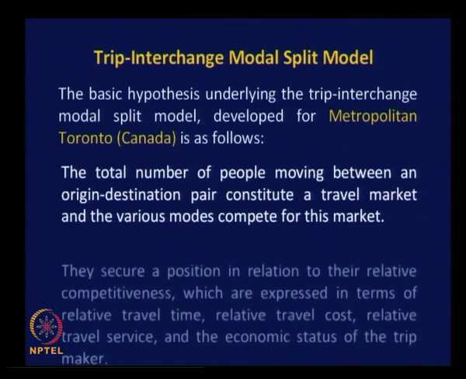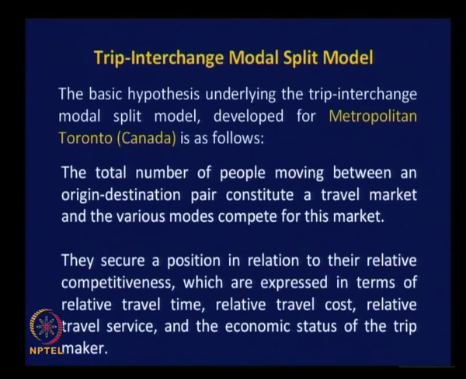And the modes secure a position in relation to their relative competitiveness, which are expressed in terms of relative travel time, relative travel cost, relative travel service, and the economic status of the trip maker.